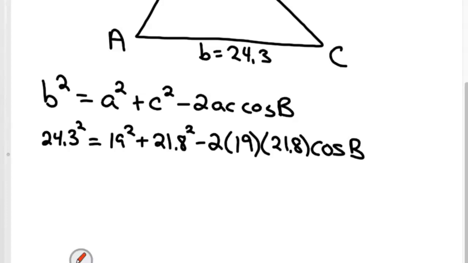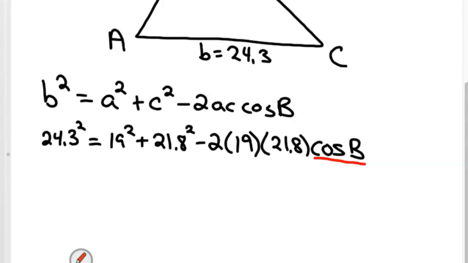We're going to do this one a little differently. Here we have to solve for cosine of B, and if you just blindly add all this stuff together, you will get it wrong, because you can't do that. I'll explain why in a second. Let's find the values first.